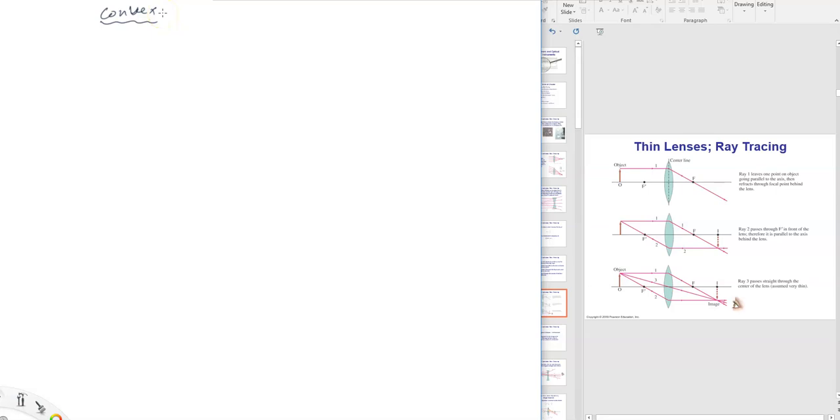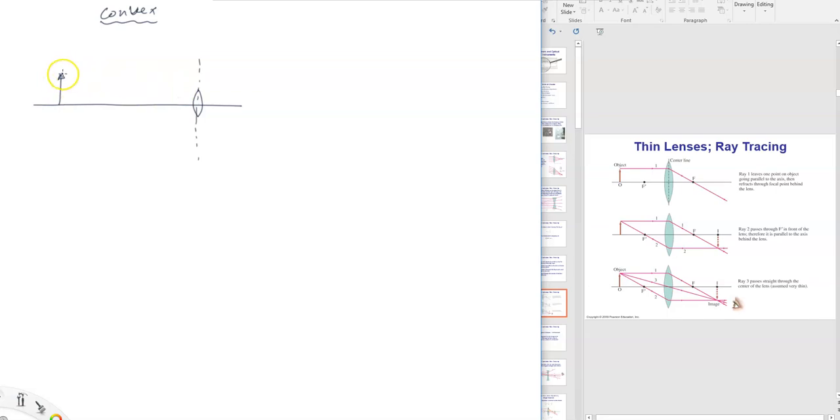Convex. Alright. Principal axis. You mark the lens. Then you can just represent the lens with a very small diagram like this. What matters is this line where you make all the measurements. So here we have an object.